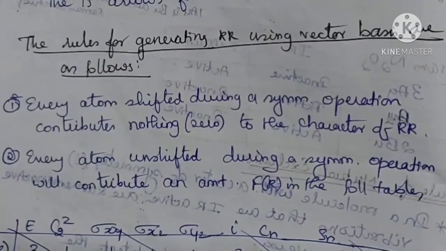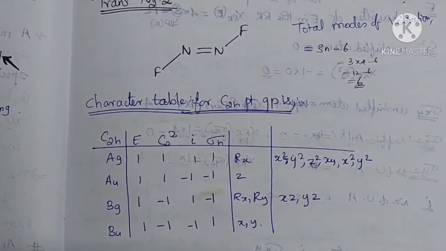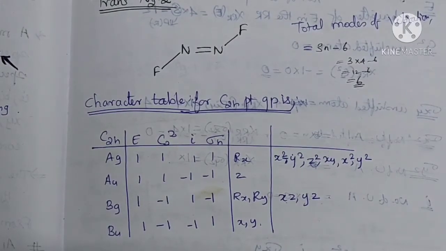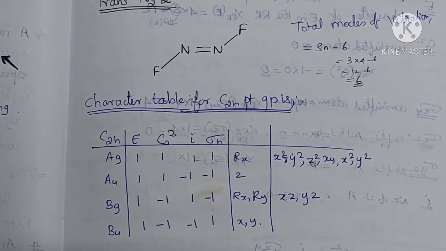Using these conditions we are going to find the reducible representation. From the character table you can see we have the identity element E, C2, inversion i, and the mirror plane sigma H, which is a horizontal plane. So we are going to do all these 4 operations on this N2F2 molecule.